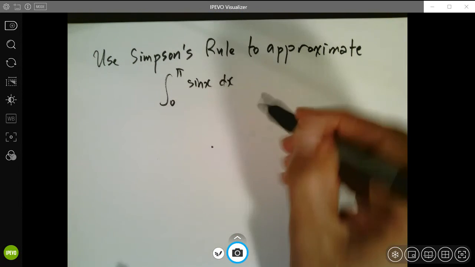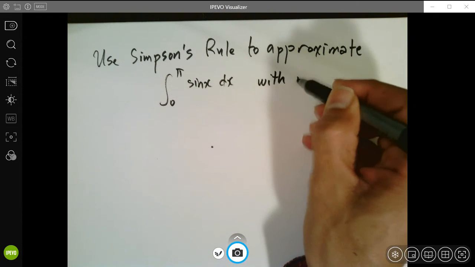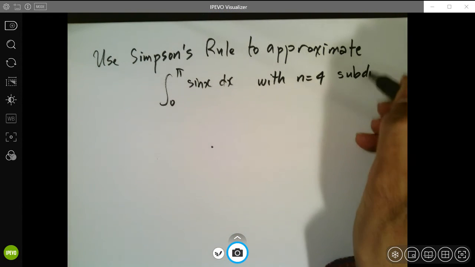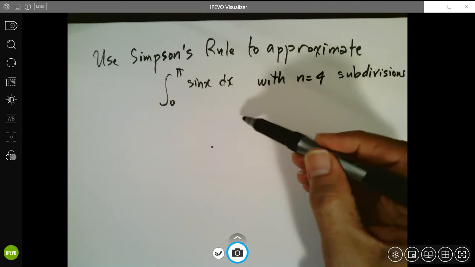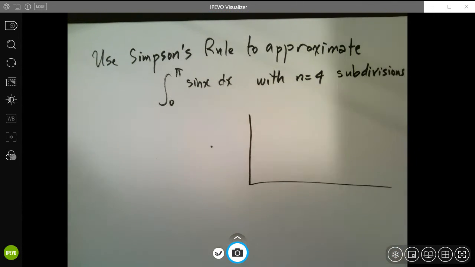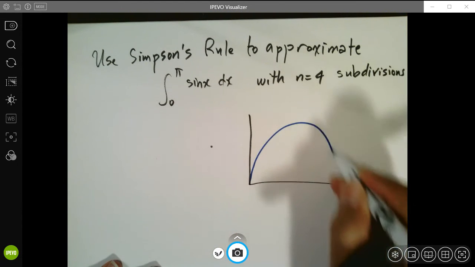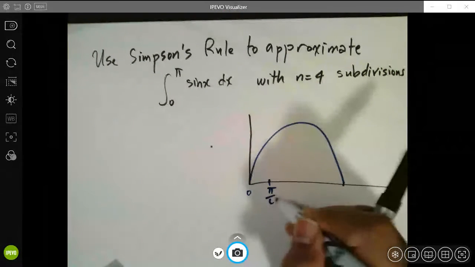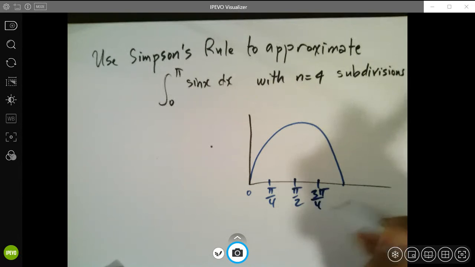If you remember, with n equals 4 subdivisions. Again, let me repeat the subdivision. It looks like this. So sine is like this. I will get 0, pi over 4, pi over 2, 3 pi over 4, and pi.